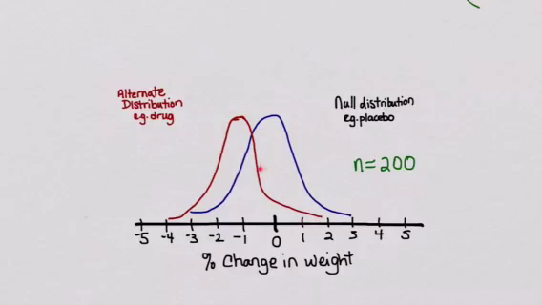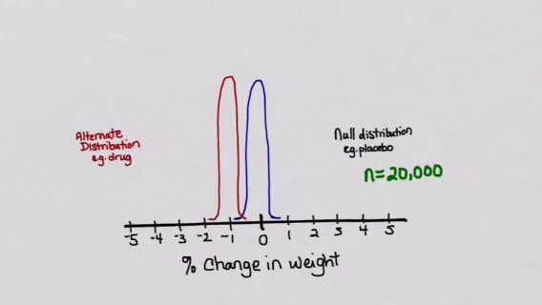So therefore, it's very unlikely that we're going to reject the null hypothesis and say that they're statistically significant. So the likely outcome here is going to be the acceptance of the null and rejection of the alternate distribution, meaning there is no difference between the drug and the placebo.